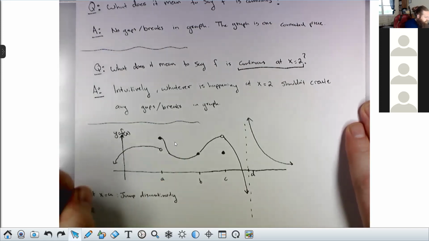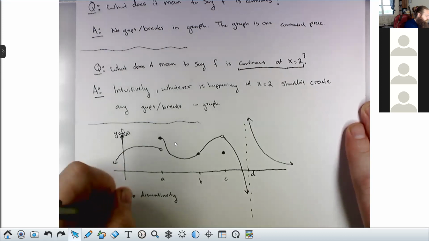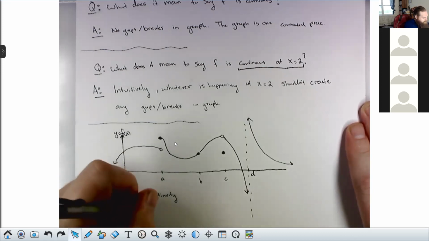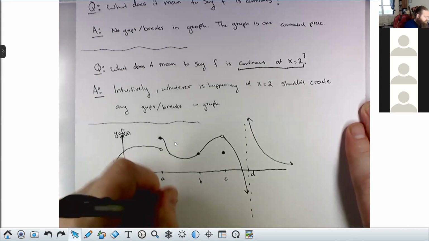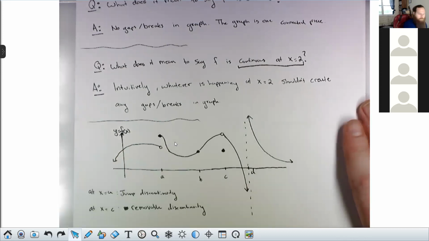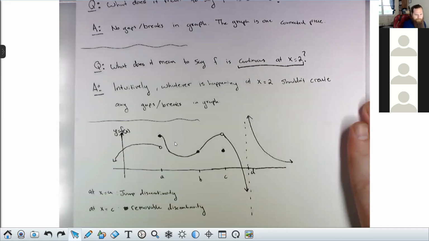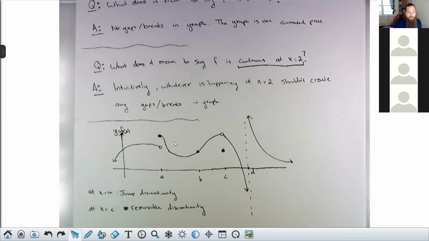At x equals C, this is what's called a removable discontinuity. We say it could be removed because if I just reassign the function value at C to fill in this hole, that would fix the discontinuity.